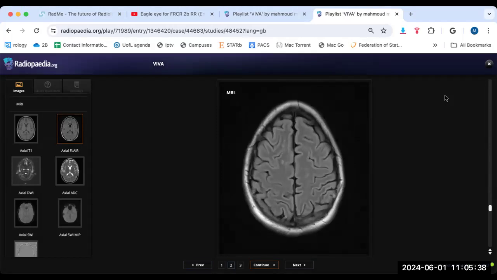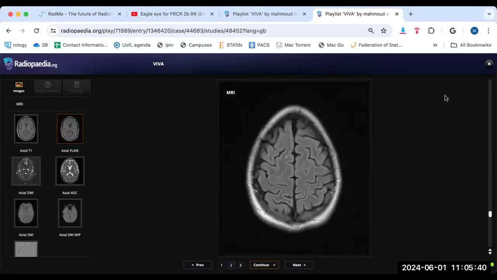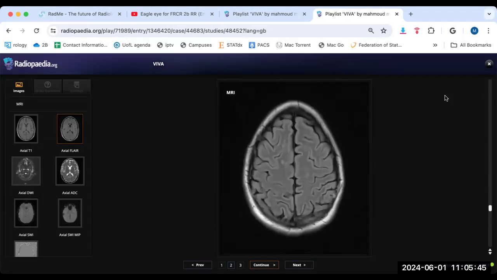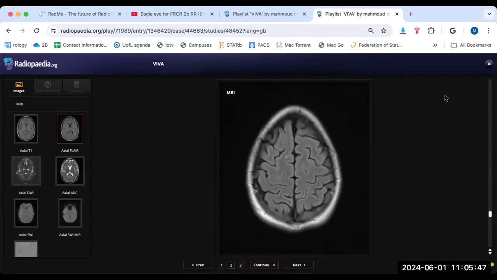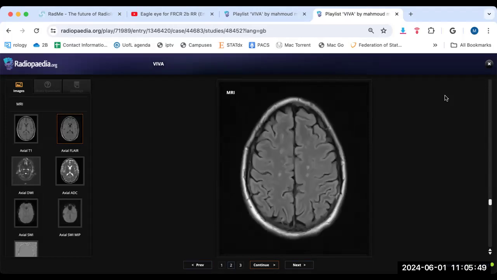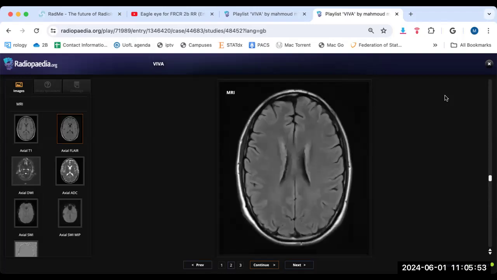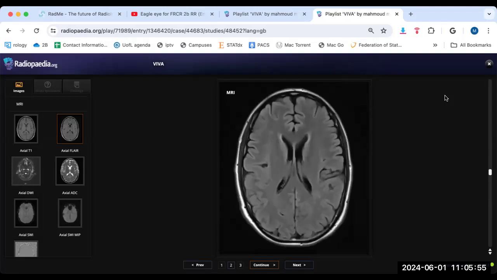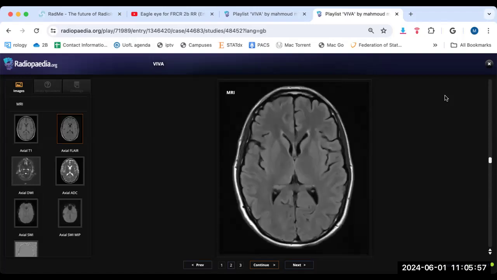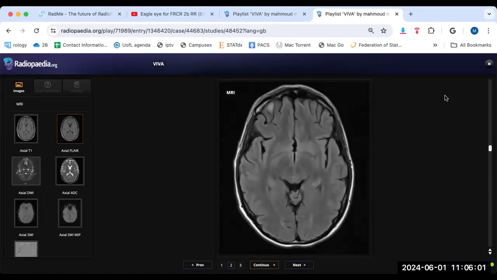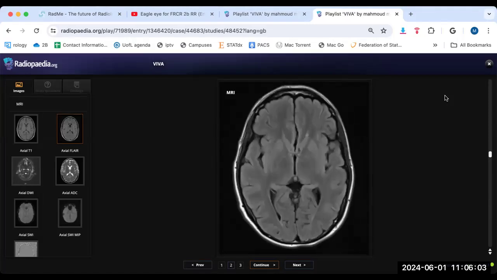I think they are sparing the subcortical region, in a linear distribution, mainly in the frontal and parietal lobes. There is a focus in the left periventricular region.